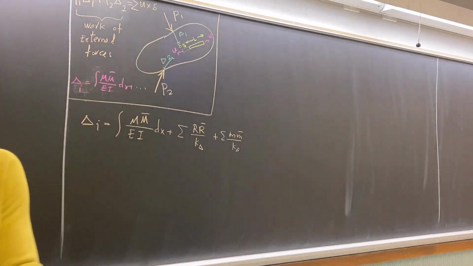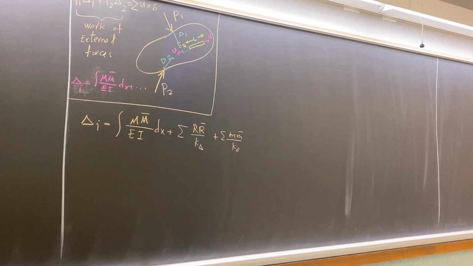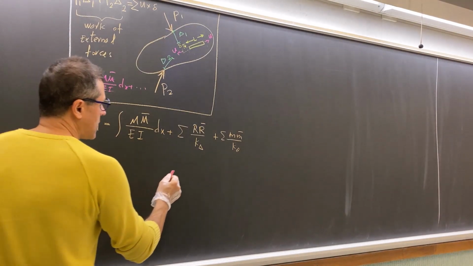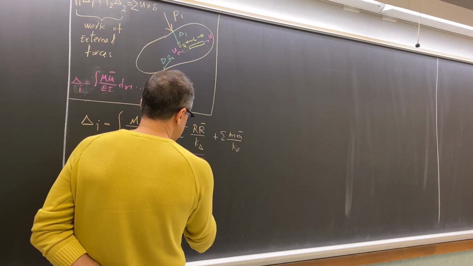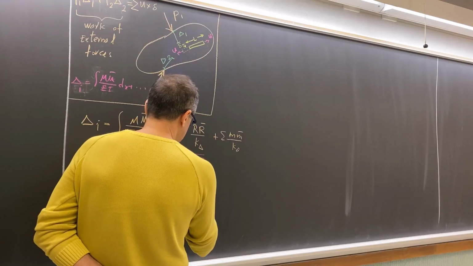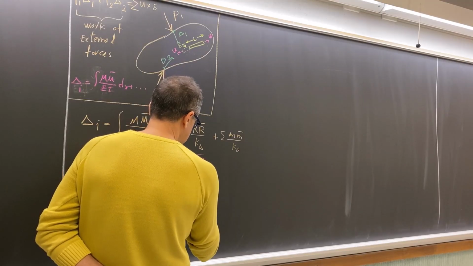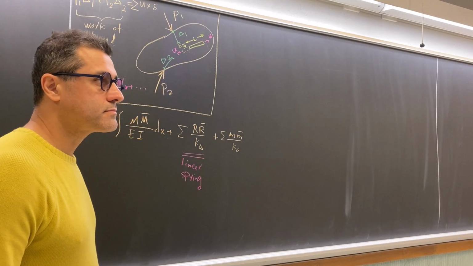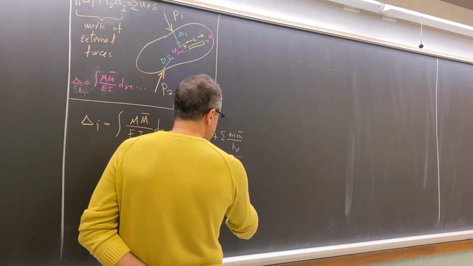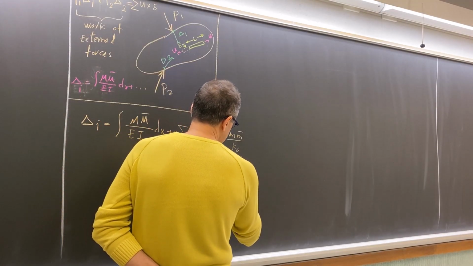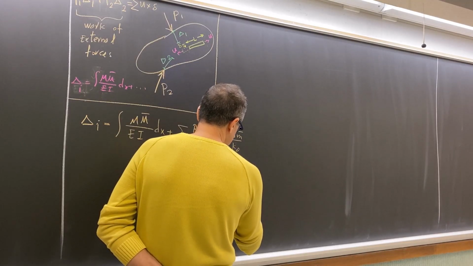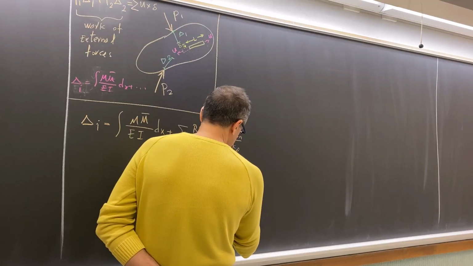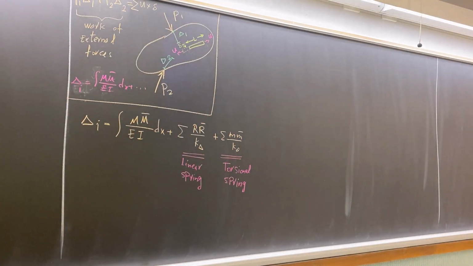So the last two terms are actually for torsional spring and linear spring. So this term is for linear spring. And this term is for torsional spring.